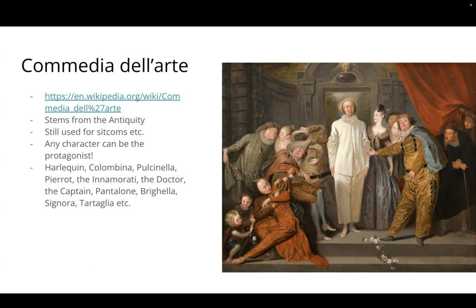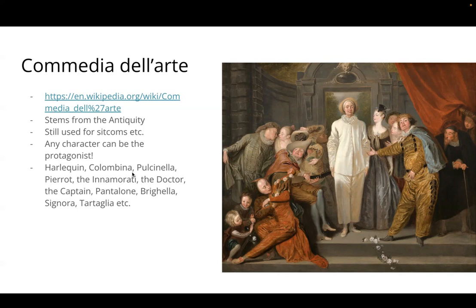In this painting, only Harlequin has one, and I think Harlequin has taken his mask off. And only the innamorati, the lovers, didn't have masks. But here, you can see that it didn't always apply to all plays.